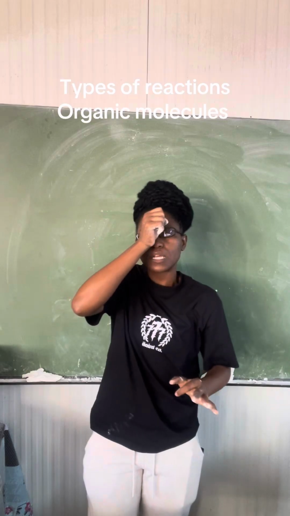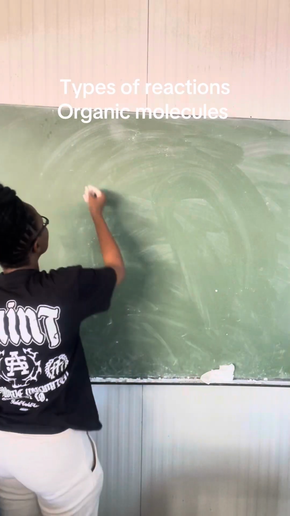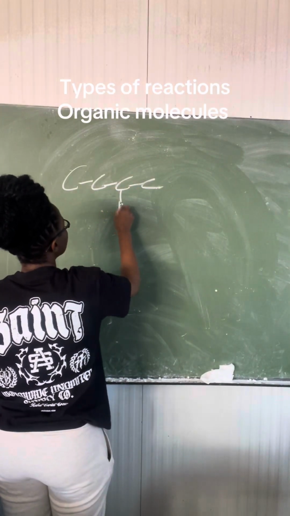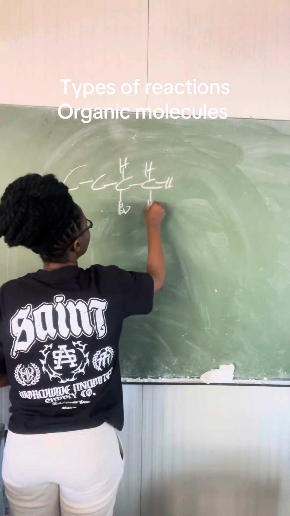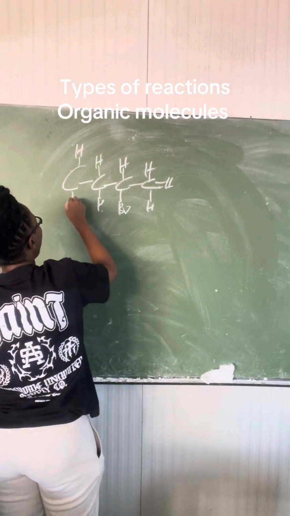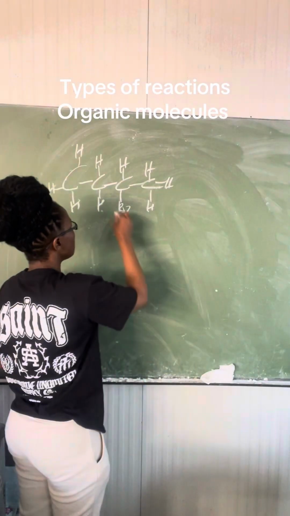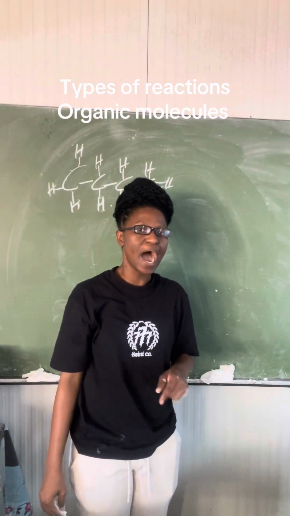So I'm going to deal with the first one, dehydrohalogenation. Let's just assume we have this haloalkane. If we want to do this dehydrohalogenation, we must eliminate the hydrogen halide from the haloalkane.